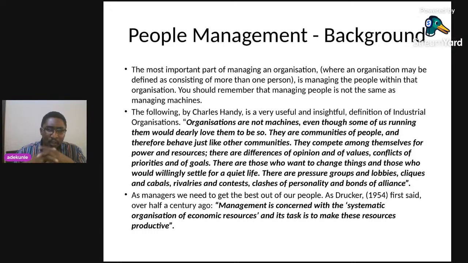There are people who are willing to change to meet what the organization wants, and there are those who want to be adamant and remain how they want to be. There are groups of people who want to become members of a republic. There are cliques, there are cabals, there are rivals, there are contests. There are also clashes of personality and bonds of alliance. Now, this is how Charles Handy saw what an industrial organization looks like. And of course, it's not different from today.